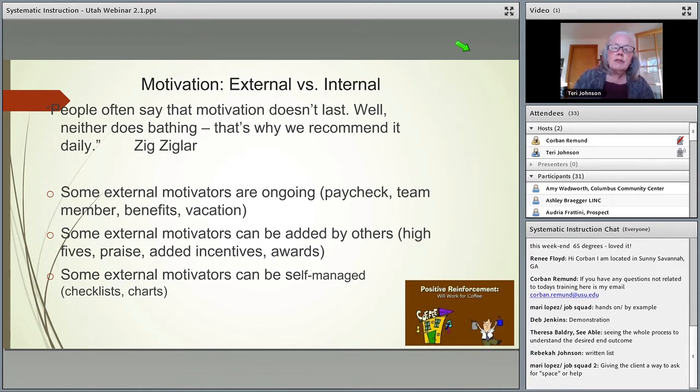Another thing I think about as I'm going into teaching with someone is, what's their motivation to learn? What we know is that there are certainly some external motivators that exist in jobs that are ongoing. A paycheck, I get to be part of a team, I have benefits, vacation. Those are within the paid jobs that we develop for the most part.